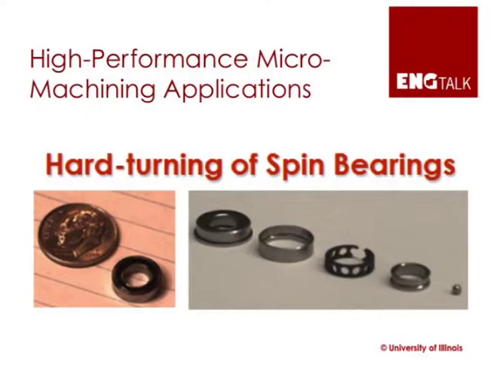Now, to give you a practical product that technologies like these are used to manufacture, this one here is hard turning of spin bearings. Typically, spin bearings, the size scale that you see compared to the penny on the screen, are ground, but we use turning operations at the mesoscale to actually make the part. There are two components of this particular spin bearing that are of interest.